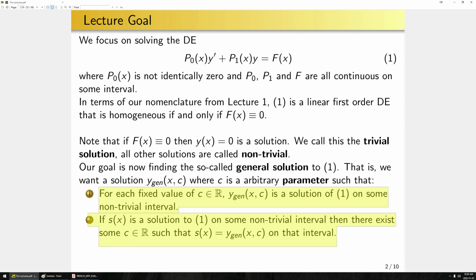It turns out that it's easier if we start with number 2: if I have a solution, it has to be of this form for some value of c. That's kind of what we find when we actually go to try to solve a differential equation algebraically.